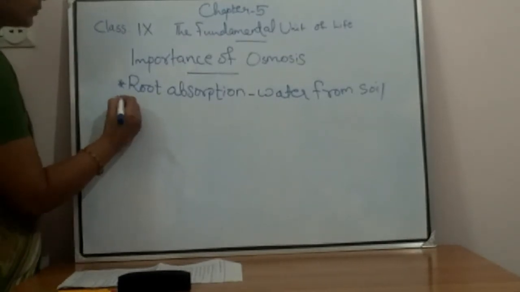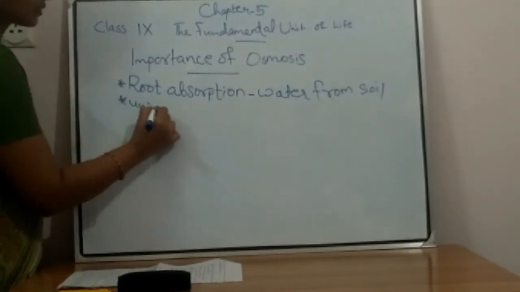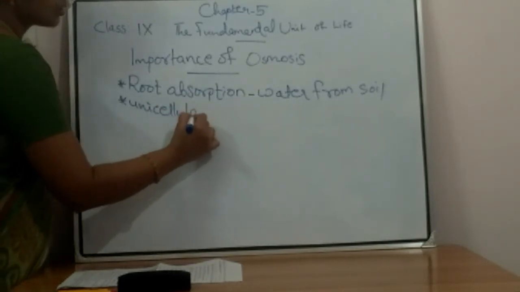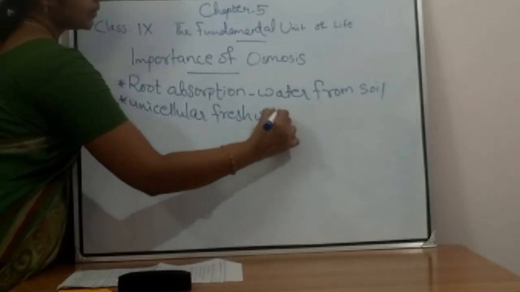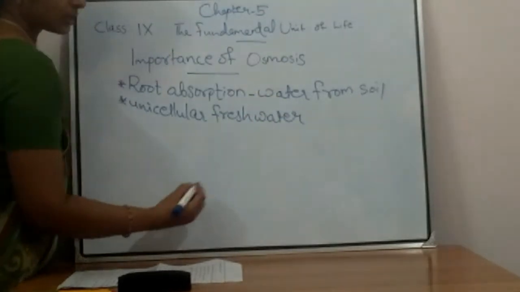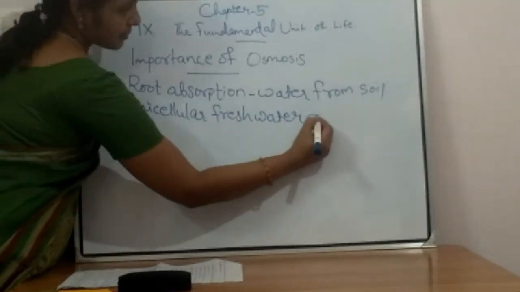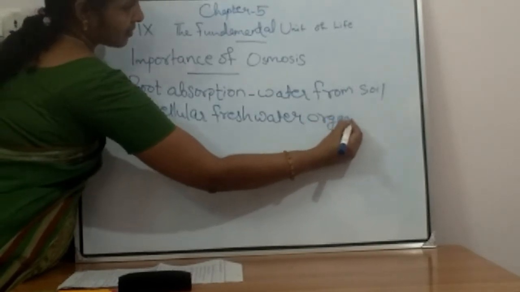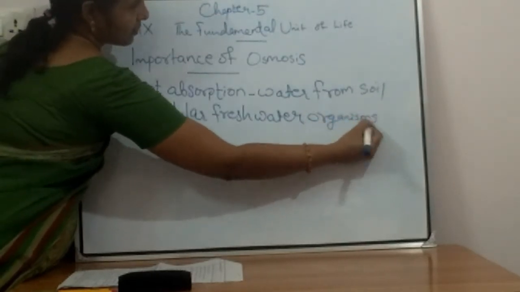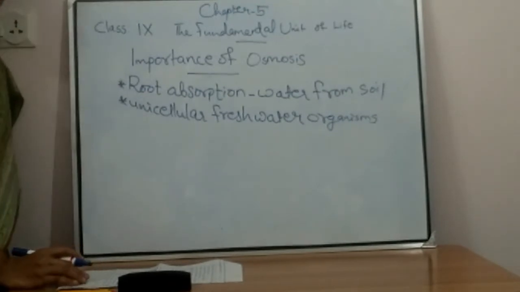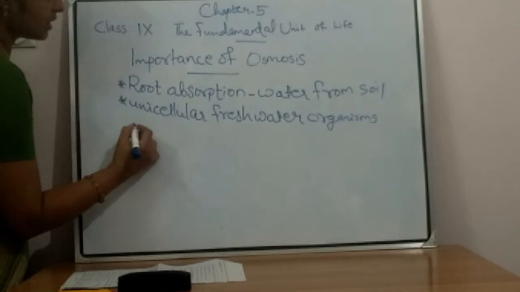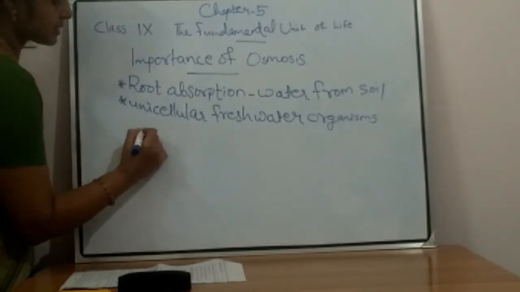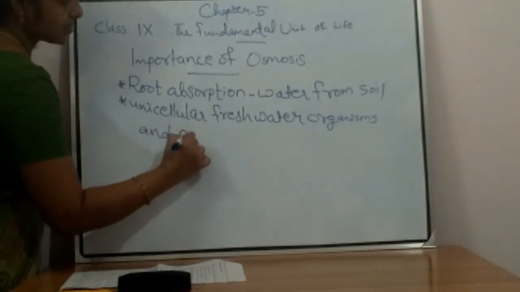Then many unicellular freshwater organisms and most plant cells also gain water by osmosis.